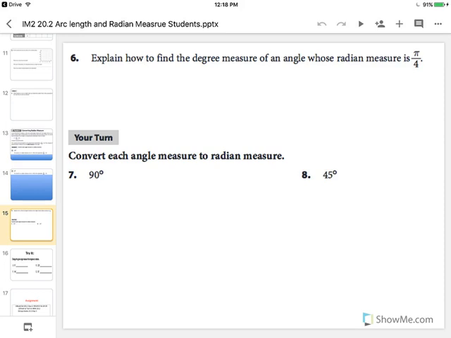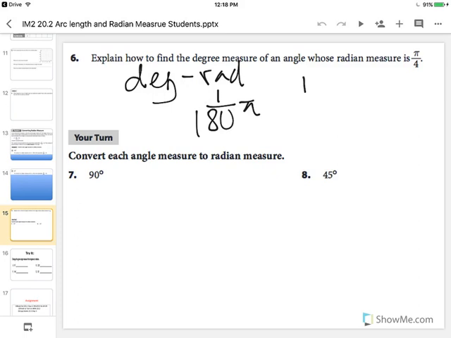Okay, so then explain how to find the degree measure of an angle whose radian is pi over 4. Right. So we see that to go from degree to radian, we have times by 1 over 180 times pi. So then we know that we have something, x, times 1 over 180 times pi equal to pi over 4.